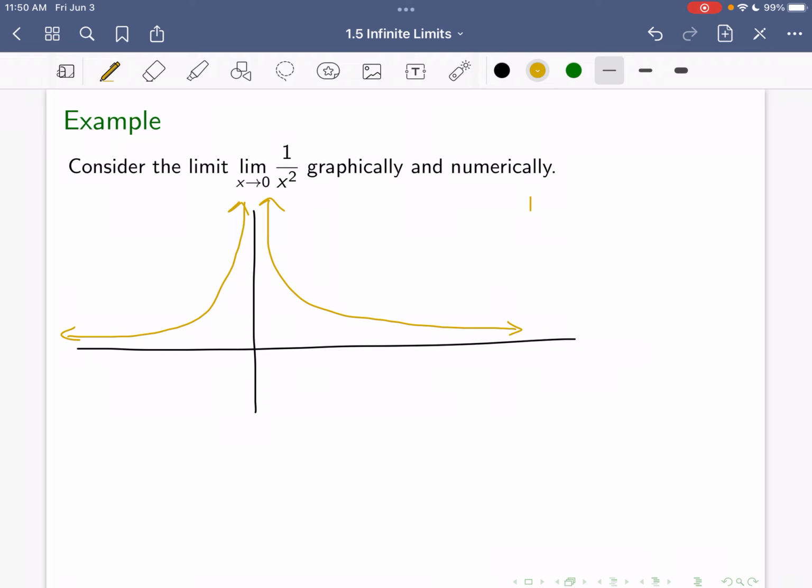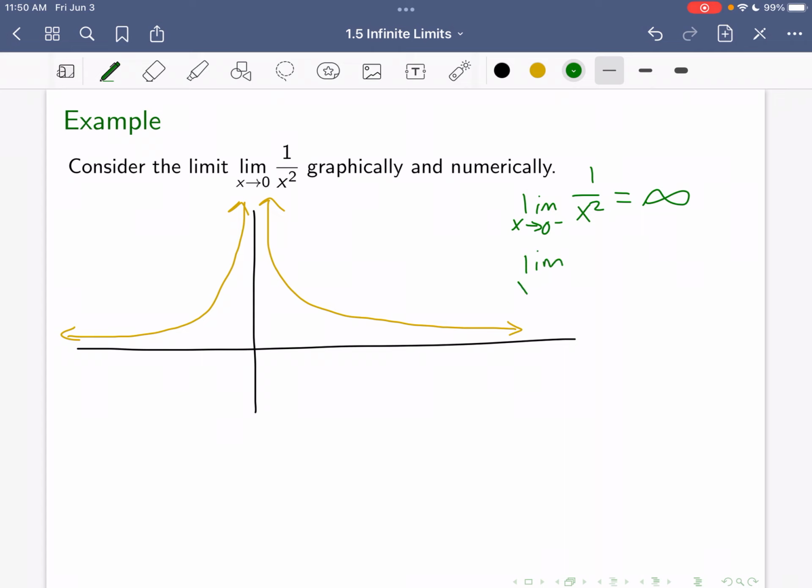So as our function approaches 0 from the left, then what's happening? Our y value is growing without bound. It's getting larger and larger and larger. It's heading towards infinity.